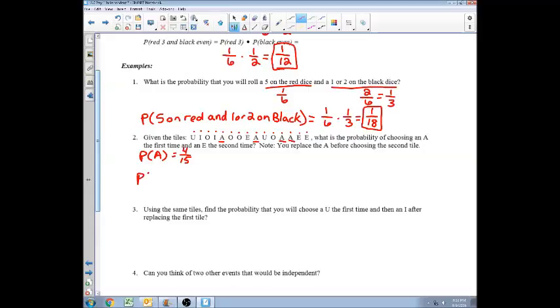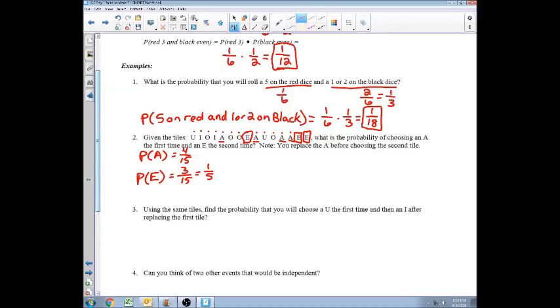What is the probability of an E on the second one? Well, I've put the A that I pulled back in. So we just need to figure out the probability of an E in general. There's 1, 2, 3 E's. So that would be 3 out of 15, which can be reduced to 1 out of 5.